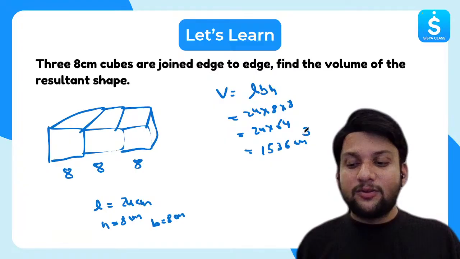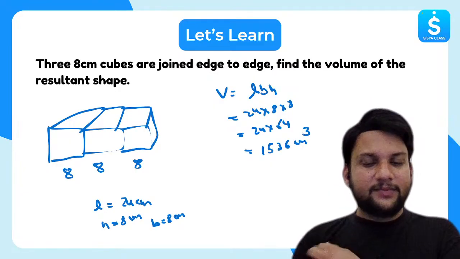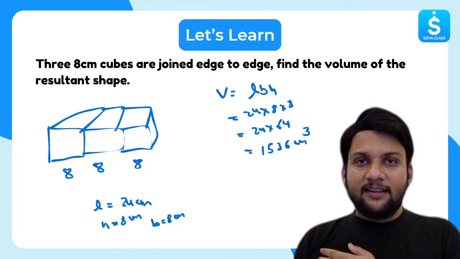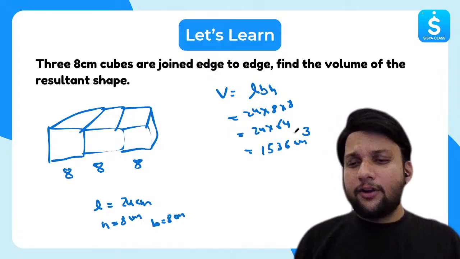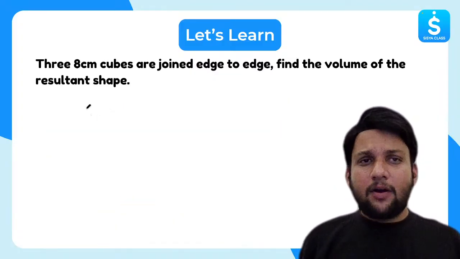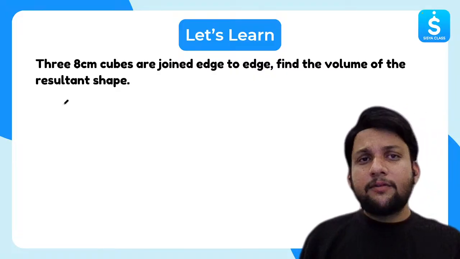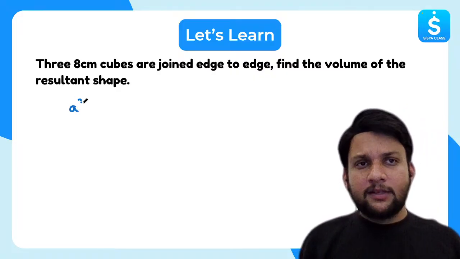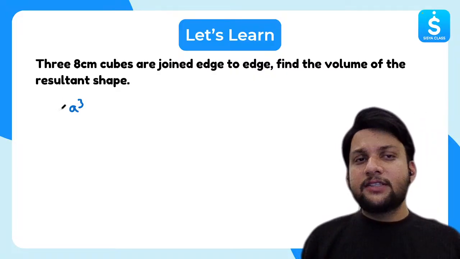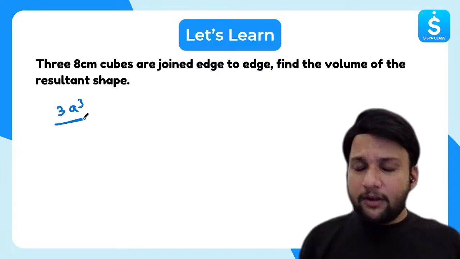This is volume, so it is in cubic units. Clear? Again, same thing, but observe one thing here. I found the answer 1536. What is the volume of one cube? It is a cube. If we have three such cubes, what is the volume? 3a cube. What does that mean?